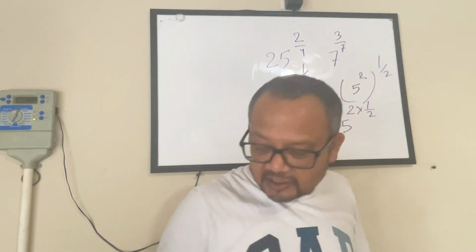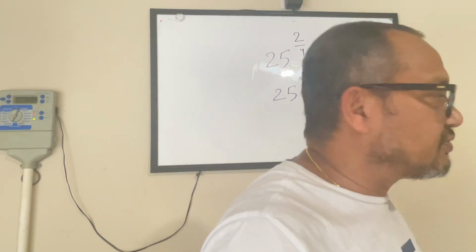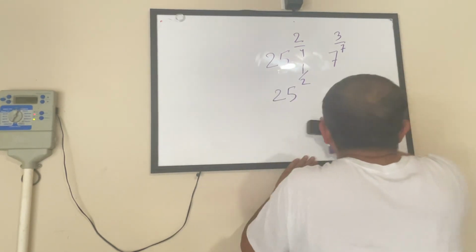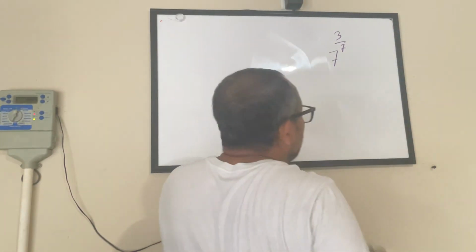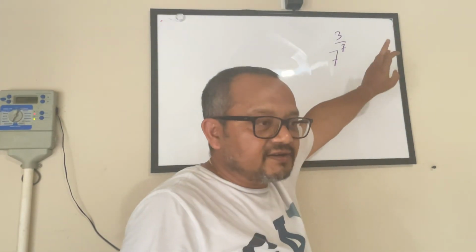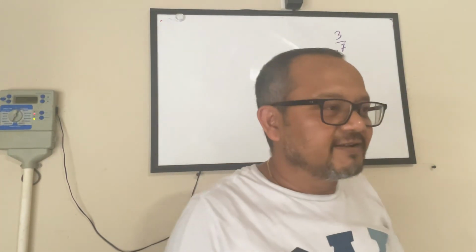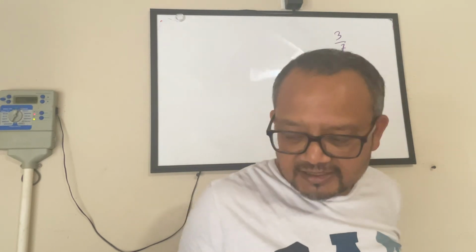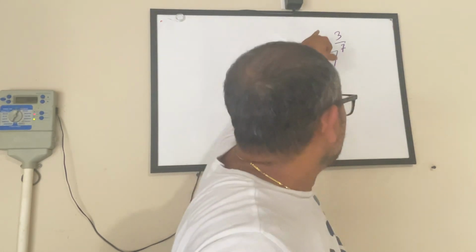There is one more question that I've written, one last question before we move on. 7 to the power 3 by 7. Who all can find it? 7 to the power 3 over 7.